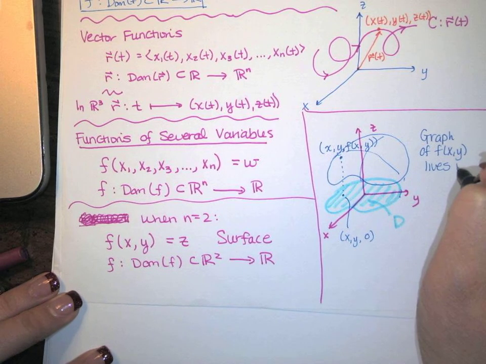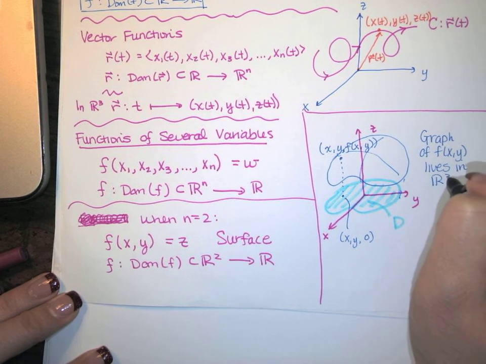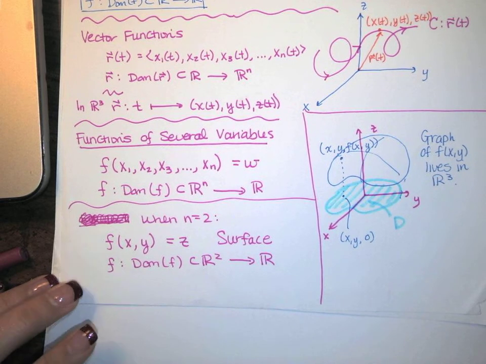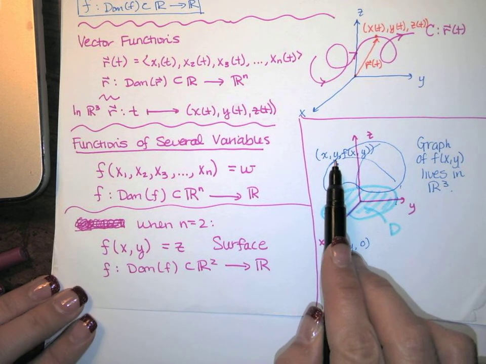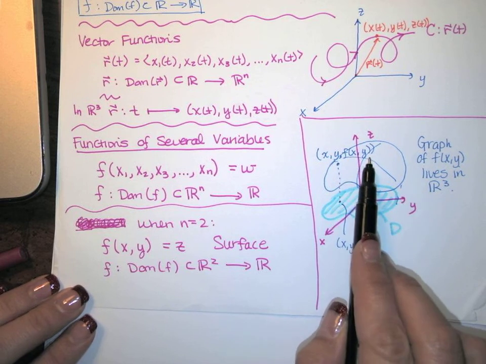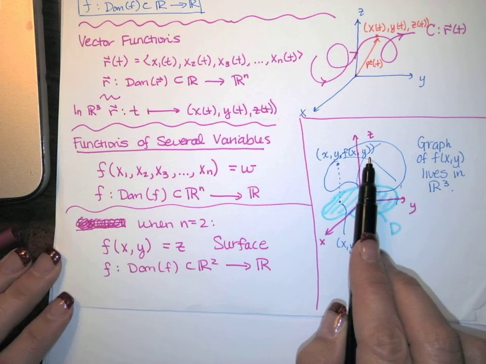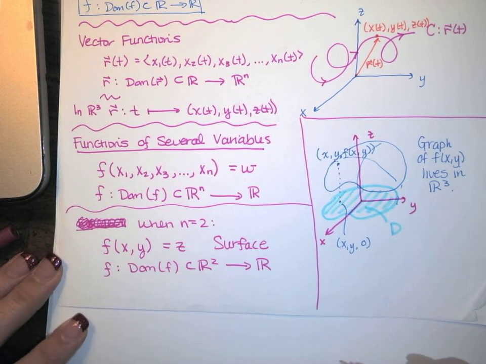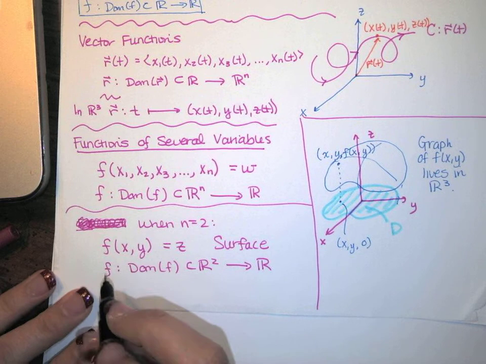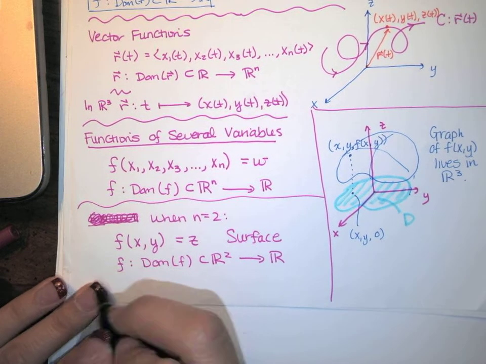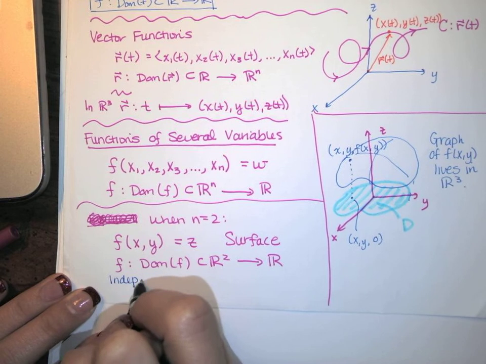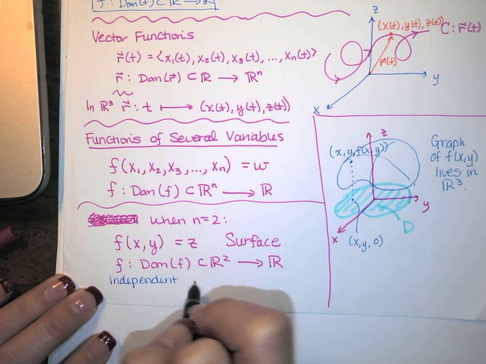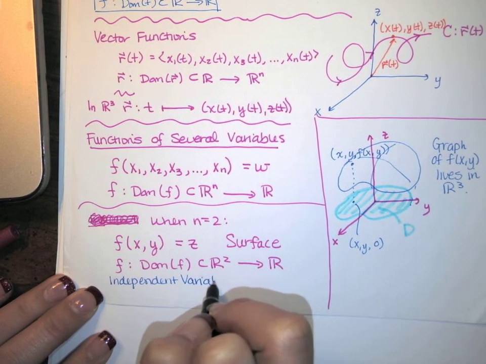I'm going to say it lives in R3, because I need one coordinate for x, another coordinate for y, and a third coordinate for z, which is given by f of x, y. Now here, my x and y are called the independent variables, because we're assuming that they can vary in any way they want.